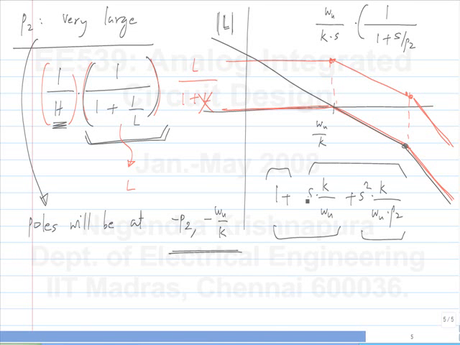When the magnitude of S is very large, you can take the higher two terms. When the magnitude of S is very small, you can take the lower two terms. So if you take the lower two terms, what do you get? S equals minus omega u by k. And when you take the upper two terms, you get S equals minus P2. That is, this equal to 0. This is what you want to solve, right? So in this equation, I will neglect either the lowermost term or the highermost term and then solve it.